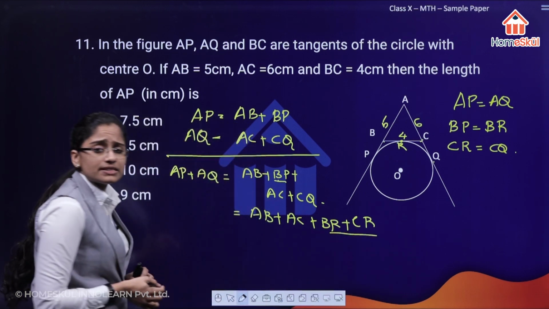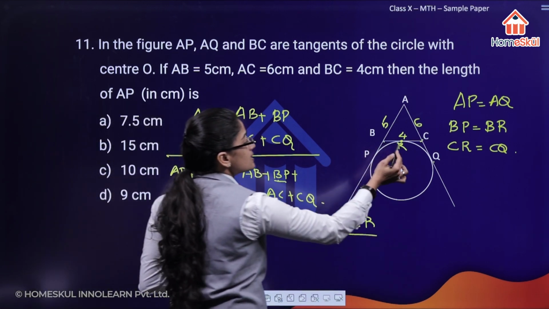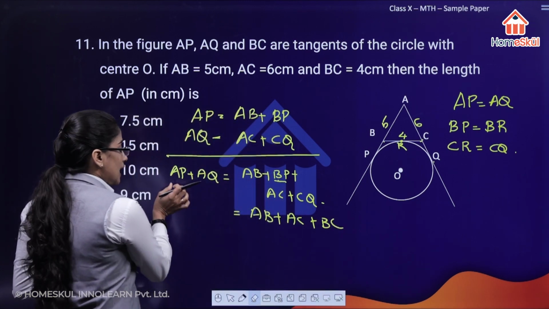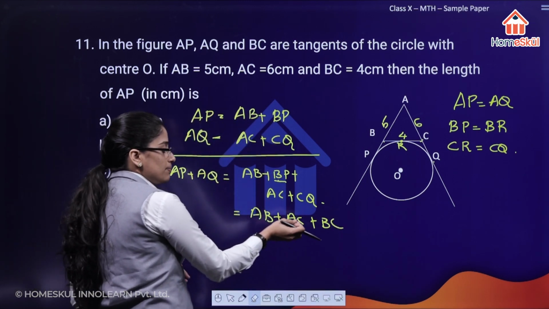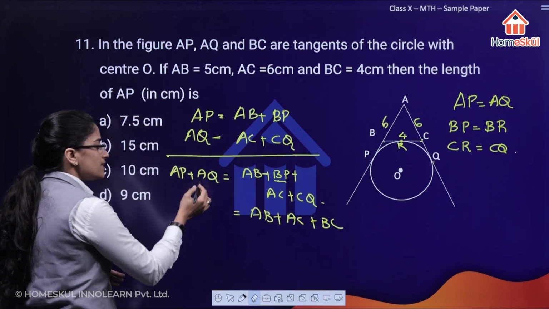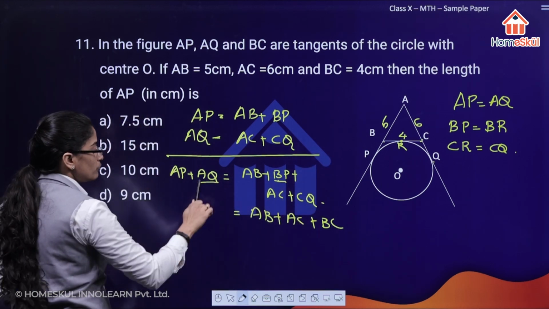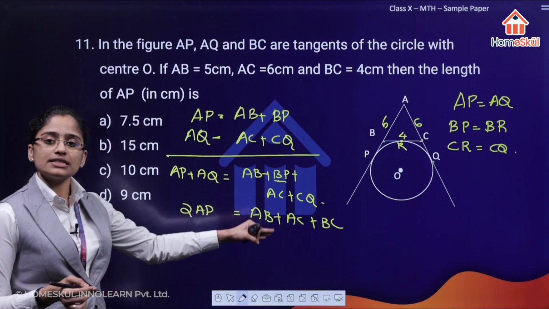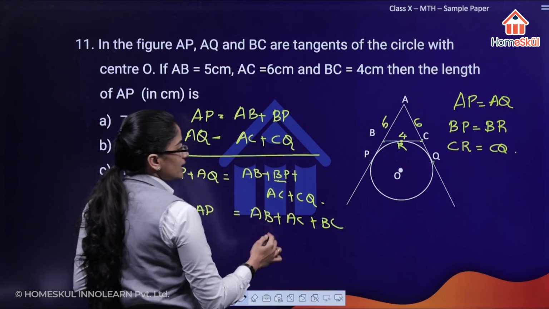What is this BR plus CR? BR plus CR is equal to our BC, isn't it? So, we are getting AP plus AQ is equal to AB plus AC plus BC. What is AP plus AQ? AQ is also equal to AP, which means 2AP is equal to AB plus AC plus BC. All the measurements are given, isn't it?